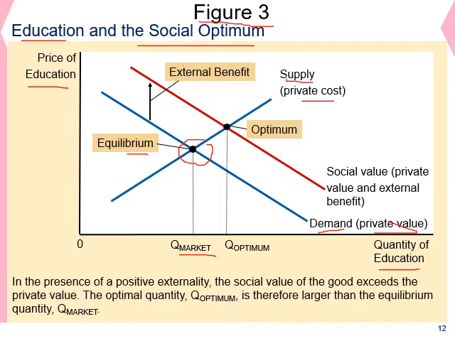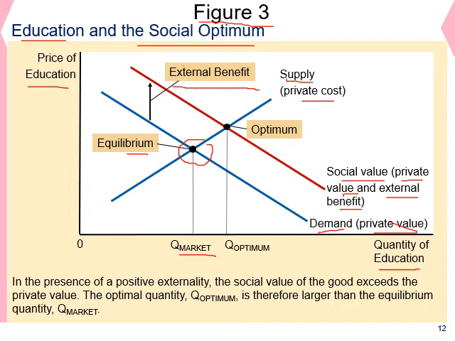So by taking into account the positive externality of education, the external benefit will shape the social value of education, which is the private value plus the external benefit.